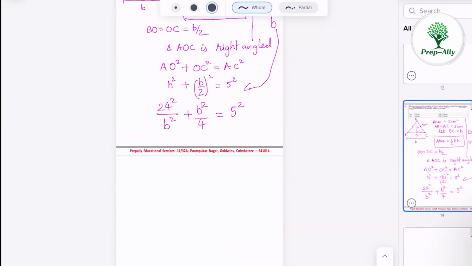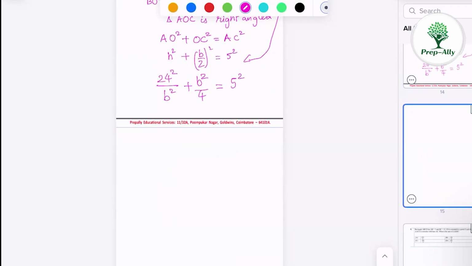If we multiply the equation by 4B square, we get B power 4 plus 48 square equals 25 into 4, that is 100B square. So it's a quartic in B.